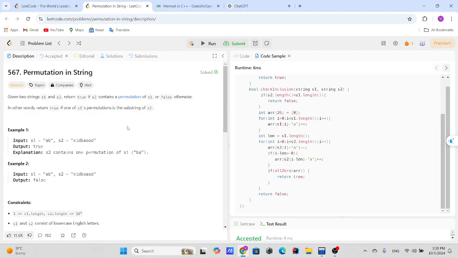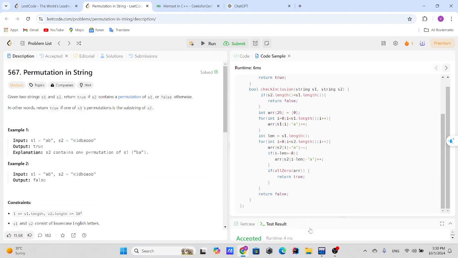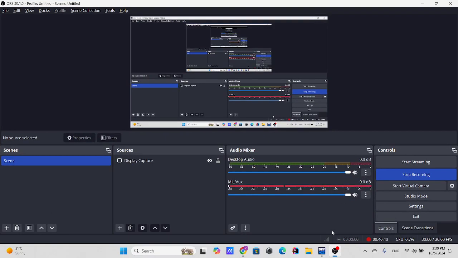Let me think real quick. Contains a permutation. In other words, it's a substring of this. There's a better way to do it, right? Well, I will think about that way later.